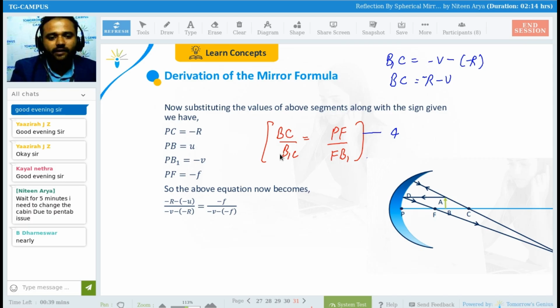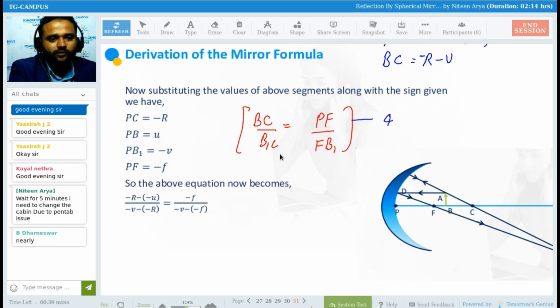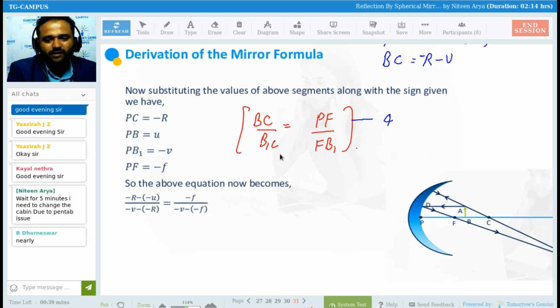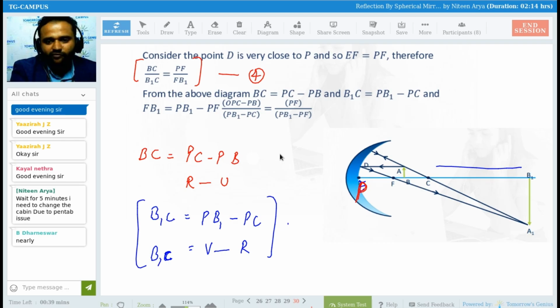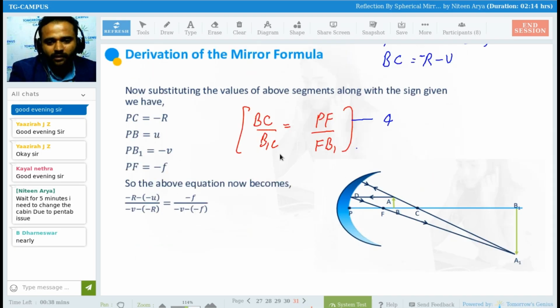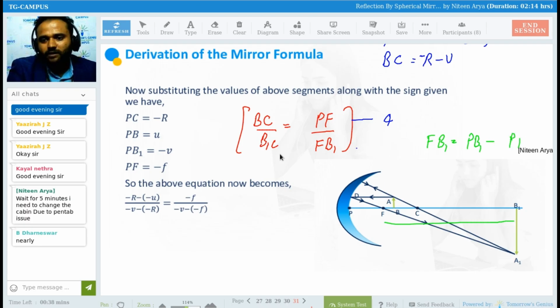It is written over here. And then what is FB1? I already made this side; FB1 distance is PB1 minus PF.